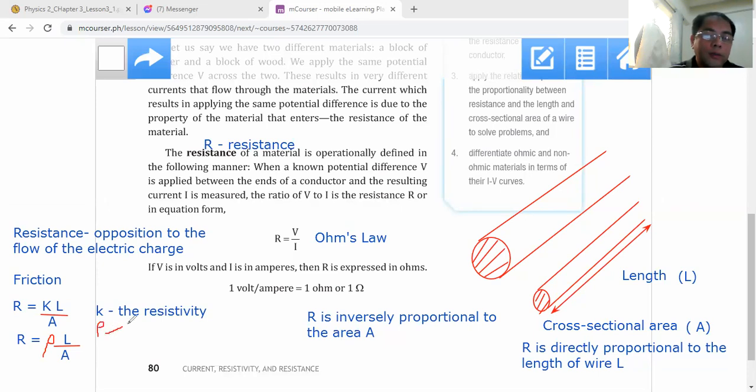So this is what we now call the resistivity. Again, the resistance is affected by the length of the wire and its cross-sectional area. Likewise, that resistance is also affected by the voltage in the wire and the current in the wire. But this equation is known as Ohm's law. This one is simply the resistance of a particular wiring.